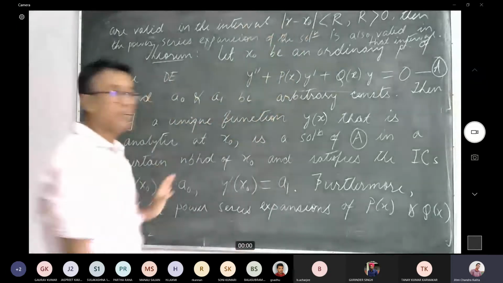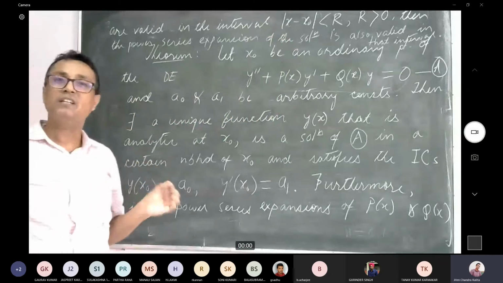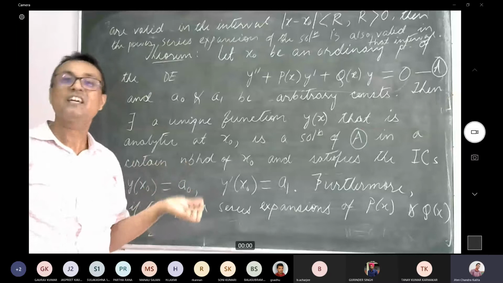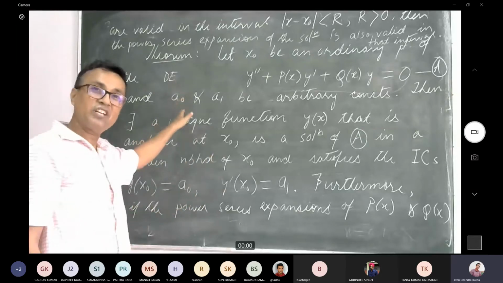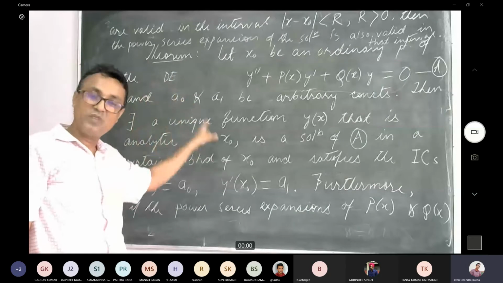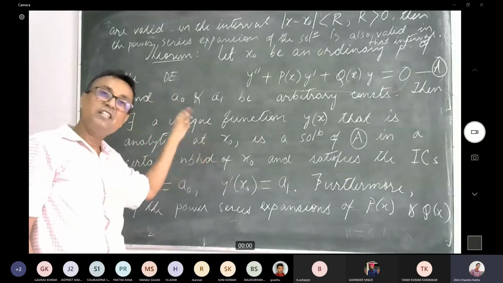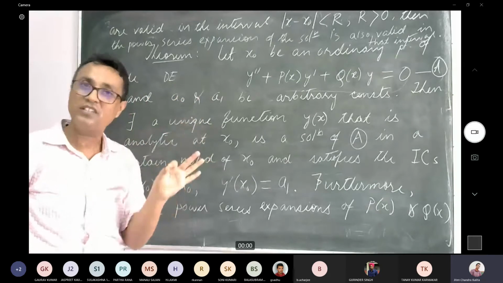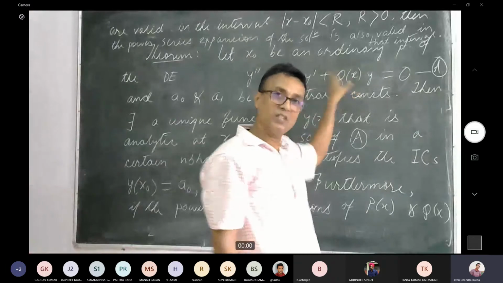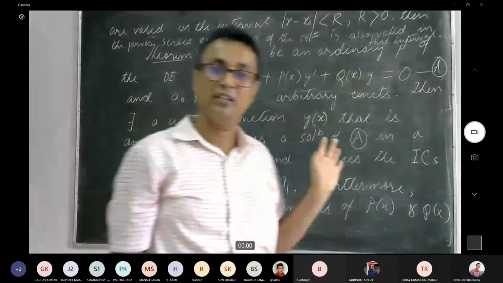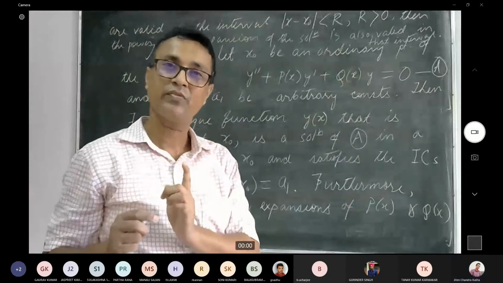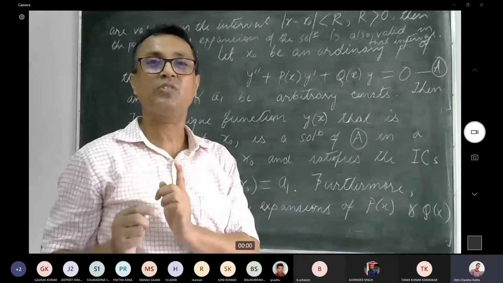So now I have to prove that I can always find a unique solution, and that solution is going to be an infinite series about the ordinary point x0. It is going to be unique, and it is going to have the same radius of convergence as the power series expansions of P(x) and Q(x). Is it okay? Fine. Now, have you understood the statement of the theorem? What it is telling you? Is it okay? Then I will proceed to the proof.